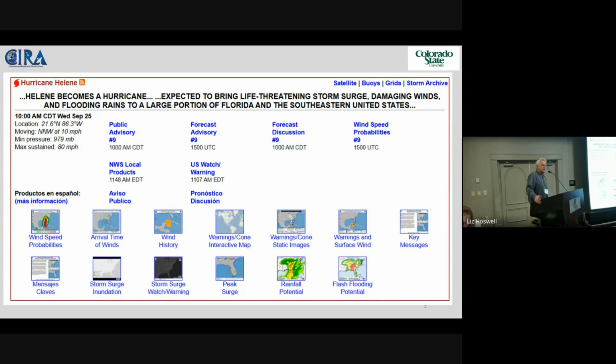The other motivation for this is that there are a lot of products on the NHC website. I just grabbed this from Hurricane Helene, and most of these are probabilistic based. The probabilistic storm surge, wind speed probabilities, some of the things that Kate talked about, as well as the product that Rob talked about in his talk, that's also based on the wind speed probability model.